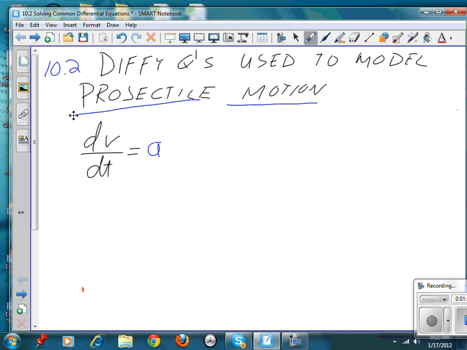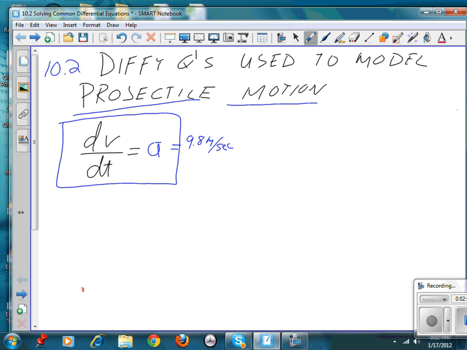So it all starts off with this simple equation right here. I say in a gravitational field, the change in velocity with respect to time is equal to the gravitational acceleration. It is a constant, and if I'm using the metric system, I might say that's 9.8 meters per second squared.